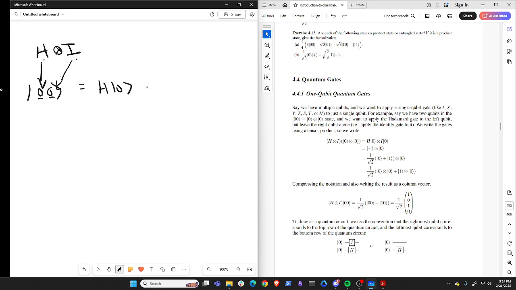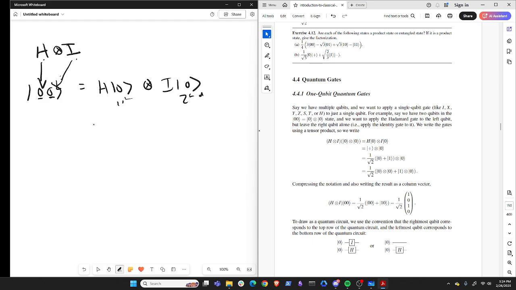H sub 0 tensor product identity, applied to state 0, first qubit, second qubit. It'll preserve the second qubit being just in state 0 with amplitude 1, and it'll put our first qubit into a superposition of 0 and 1.